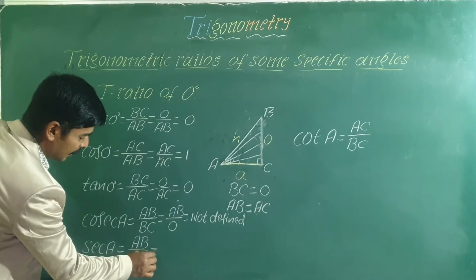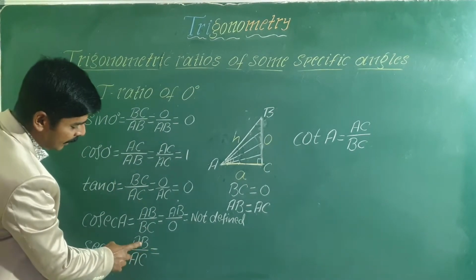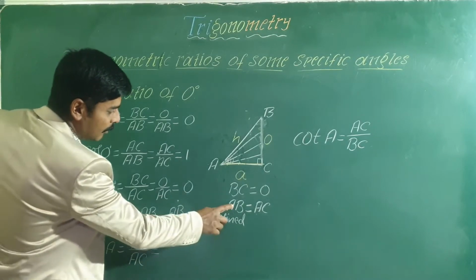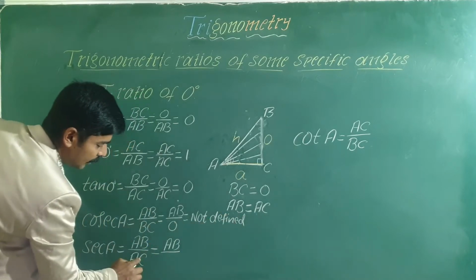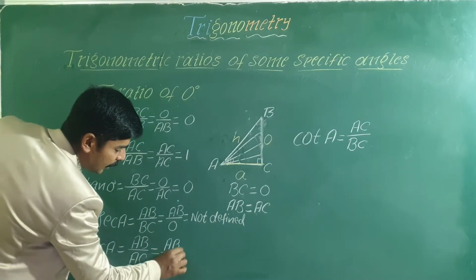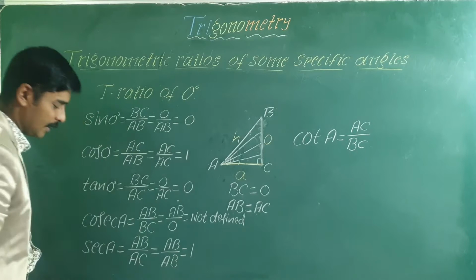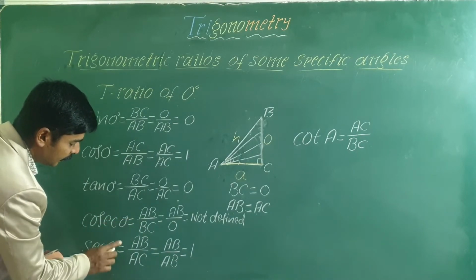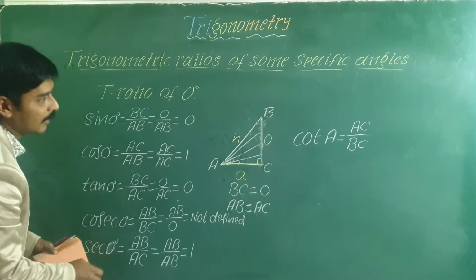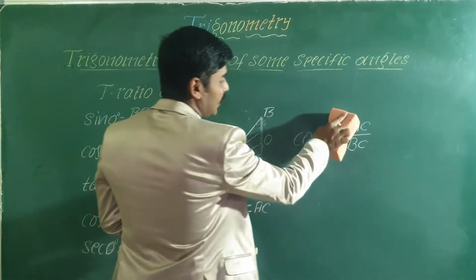Next, secant A. Secant A is AB by AC. AC is also equal to AB. So AB by AB is equal to 1. So secant 0 degree is 1. So finally, what is cot 0 degree?